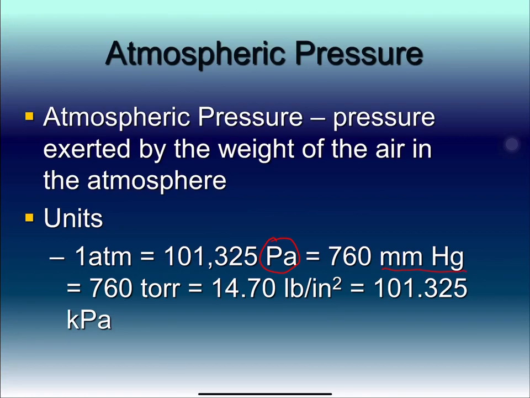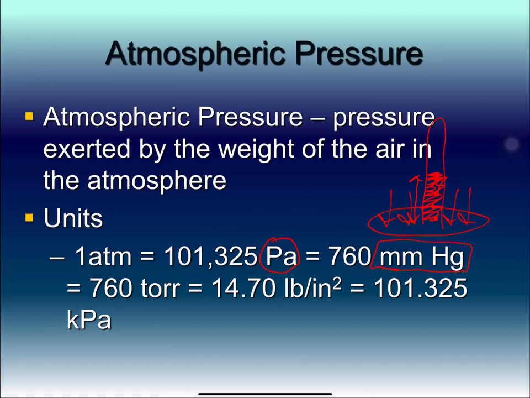Millimeters of mercury: I'm sure you guys have heard of a barometer before. In a barometer, the atmospheric pressure pushes down on a barometer that's filled with mercury, and in this tube the level of mercury rises depending on the atmospheric pressure, and we measure the height of that tube of mercury in millimeters. So there's a unit of millimeters of mercury. Torr is just another unit.